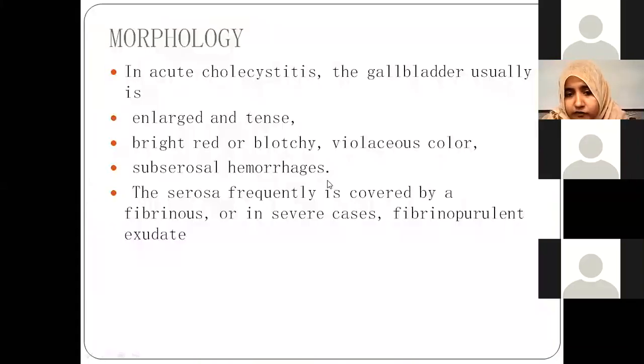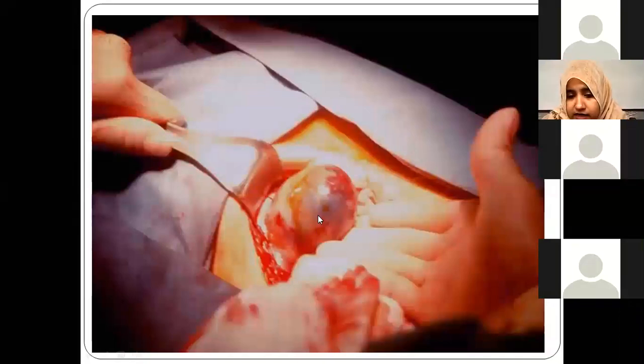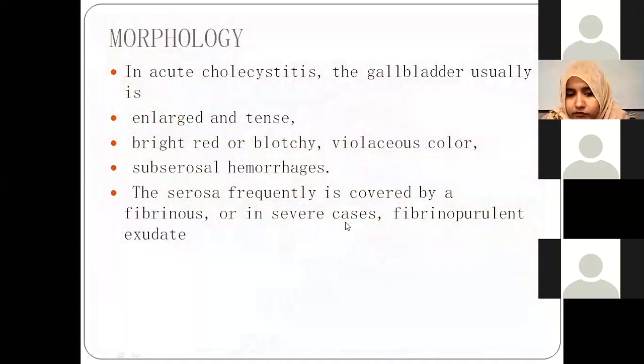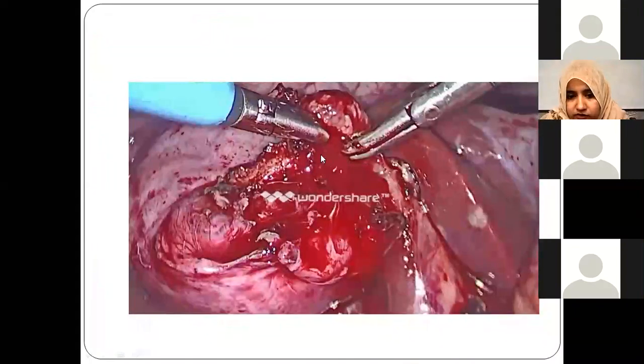It is large, tense, and tender, so the patient will present with extreme tenderness and severe pain in this area. There you can see the violaceous stage and subserosal hemorrhage as well, and it is covered with fibrinous or fibrinopurulent exudate. Look at the fibrinous material over here, the glistening, the shine. This is also a picture of acute cholecystitis which has been removed with laparoscopic procedures.